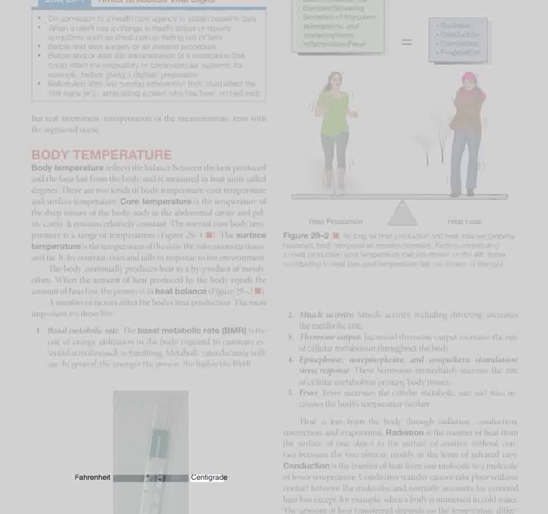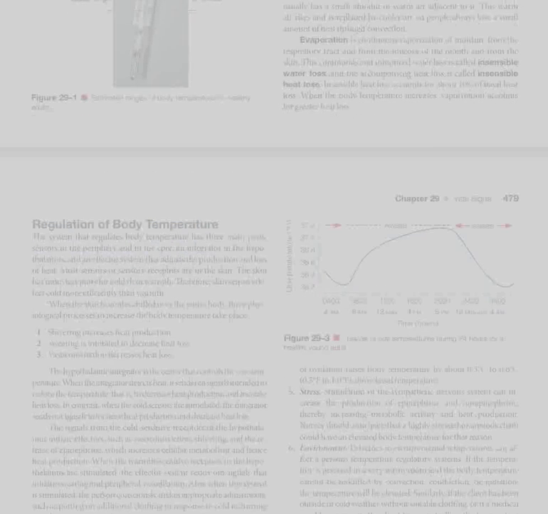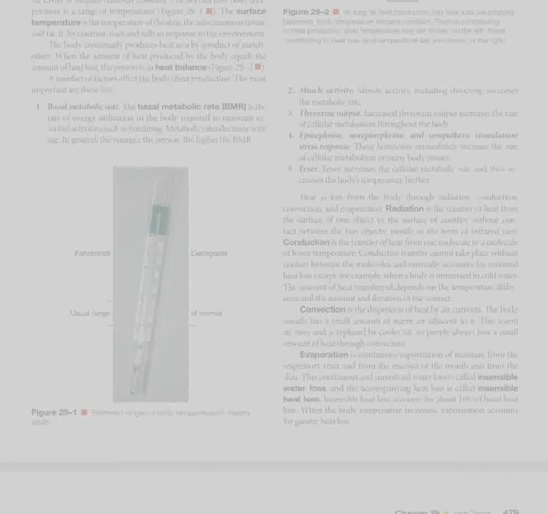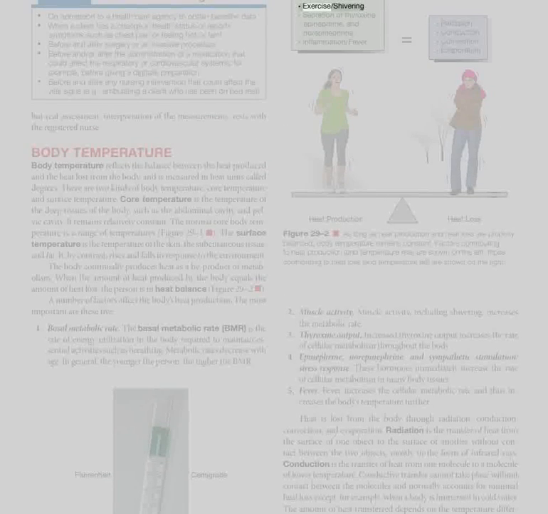Fahrenheit, centigrade, usual range of normal. Figure 29:1 Estimated ranges of body temperatures in healthy adults. Heat production, heat loss. Basal metabolic rate, exercise/shivering, secretion of thyroxine, epinephrine, and norepinephrine, inhalation/fever. Radiation, conduction, convection, evaporation.